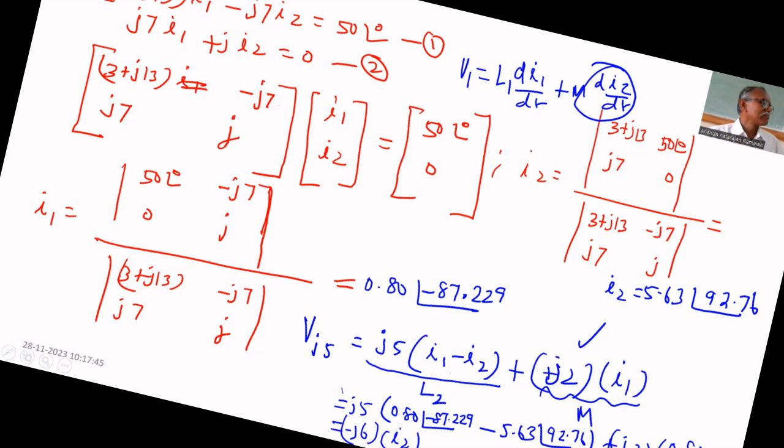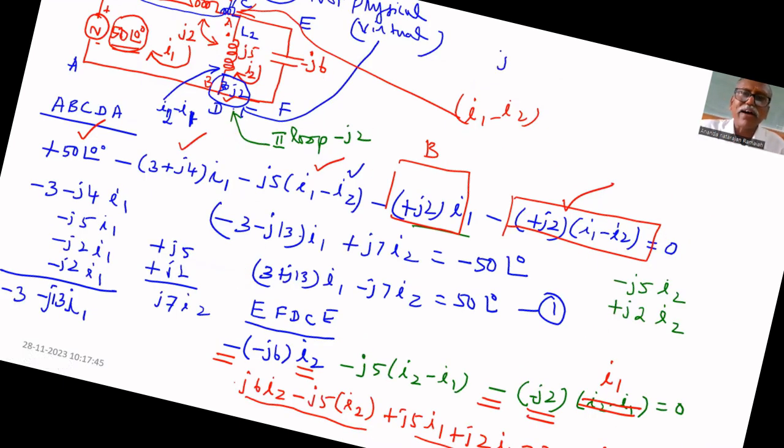I2 only. Both should be equal. Then whatever you got for I1 and I2 is correct, otherwise wrong. Suppose your answers for I1, I2 are correct, then these two must be equal, because J5 and minus J6 are in parallel. That's why the voltage across this and the voltage across this are equal.